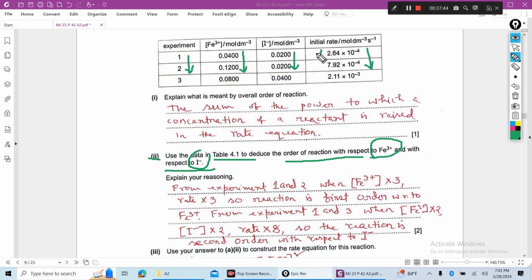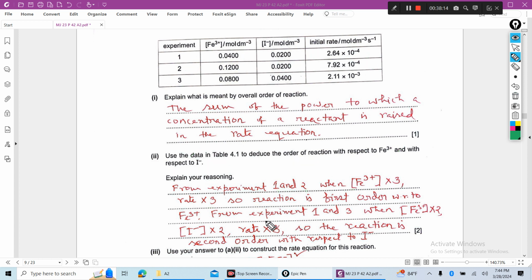So concentration is directly proportional to rate, so the reaction is first order with respect to iron 3 ion.